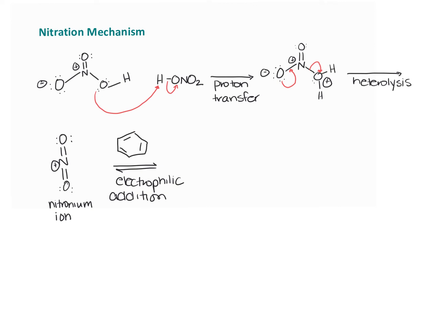So those electrons come and they attack that nitrogen on the nitronium ion, and then these electrons jump back up on the oxygen. Now, I just happened to choose the top oxygen there, but we understand that these are three-dimensional molecules, and so if you had chosen the bottom one, that also would be fine.